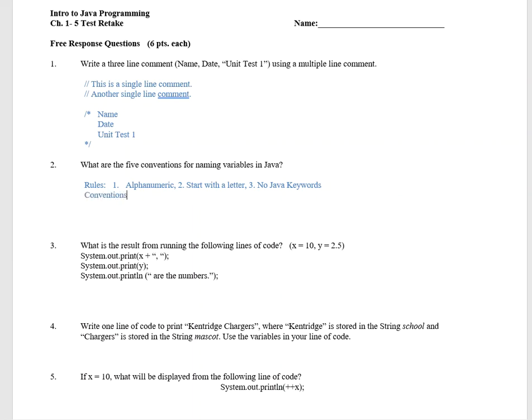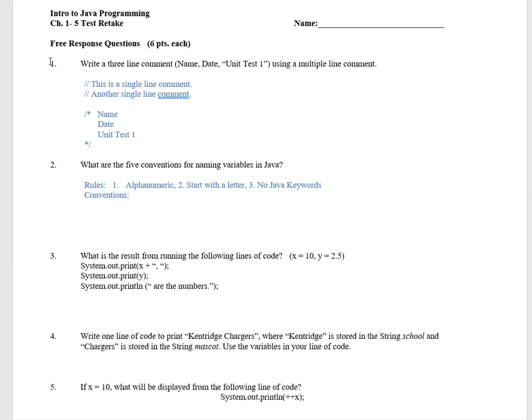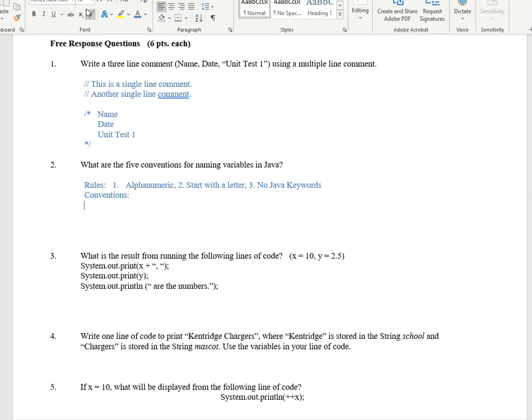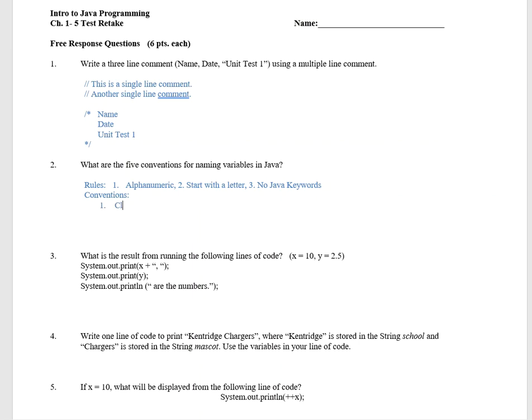Conventions are just there so that we all agree that we're going to capitalize things the right way. So conventions are all about capitalization. We'll number this one here. The first convention is that classes start with an uppercase letter.